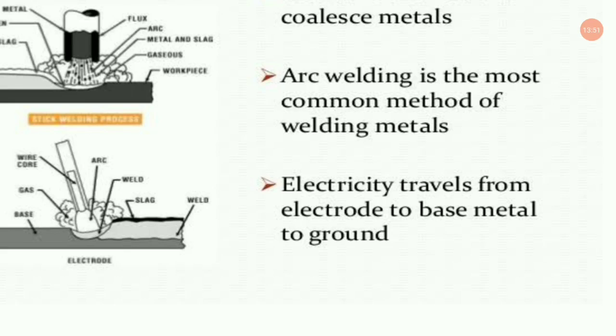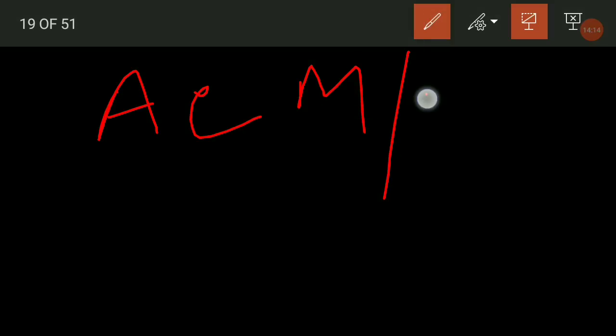Okay, now just to have some idea on the arc welding equipment, I must tell you two important points in connection with the arc welding equipment. There are two types of machines generally for setup of electric power during the arc welding process. One is your AC machine and another is your DC machine.